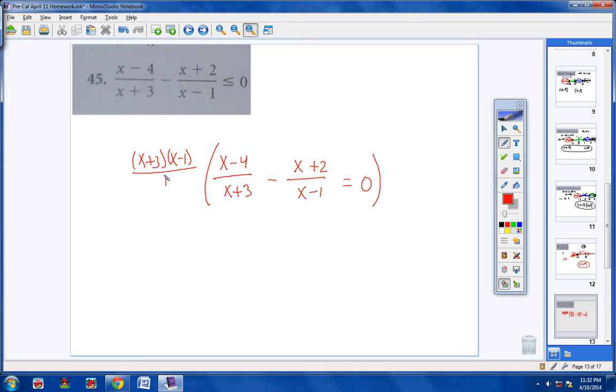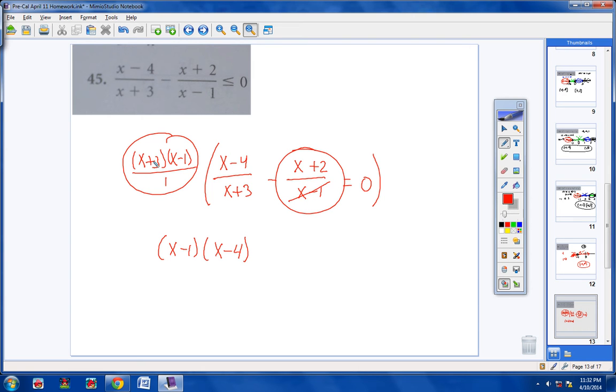So we're going to take this fraction right here and multiply it through this entire equation. Well, your x plus 3 cancels with your x plus 3, leaving you with x minus 1 times x minus 4. So I'm going to go ahead and write x minus 1 times x minus 4. Now we're going to take this fraction here times this fraction over here.